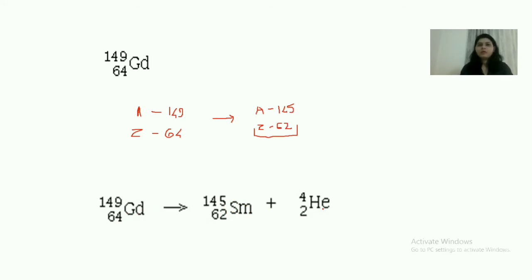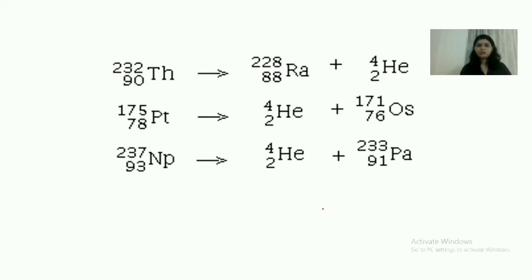Another example of equations during alpha decay. These are all different examples obtained during alpha decay. Thorium turns into radium 228.